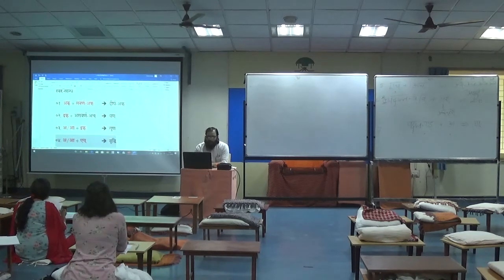Guna letters are A, E, O; Vriddhi letters are Aa, Ai, Au. And Ik letter followed by Ach will be Yan, Ayavayava. Then the next one is Padanta Yakara, Vakara preceded by A or Aa followed by Ash. That will become Lopaha. Lopaha is disappears from vision, right?